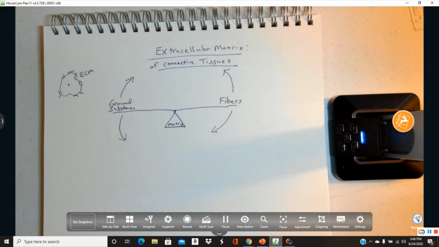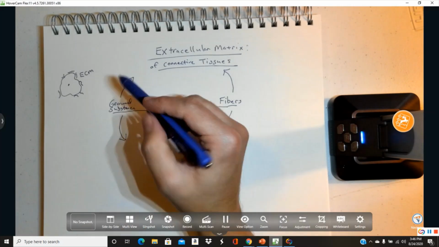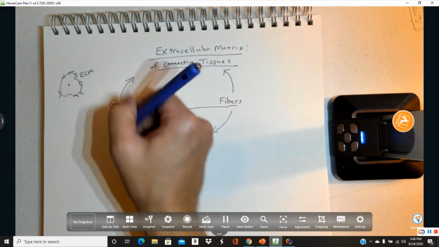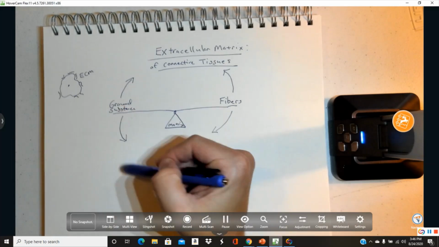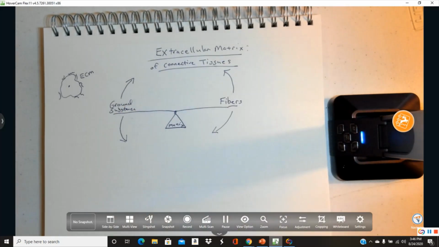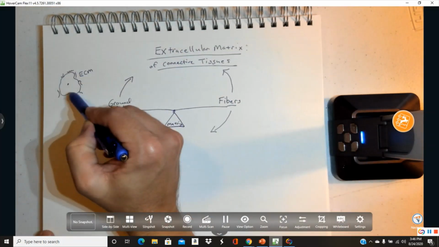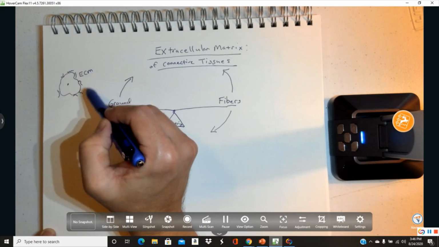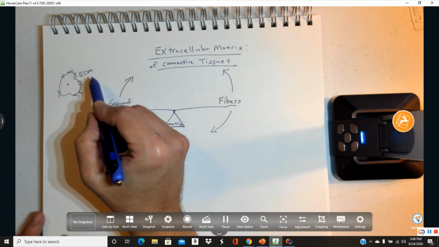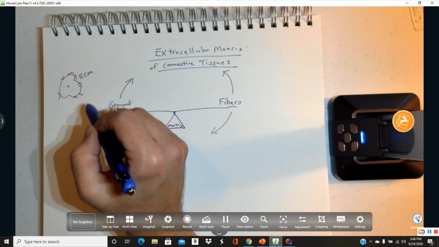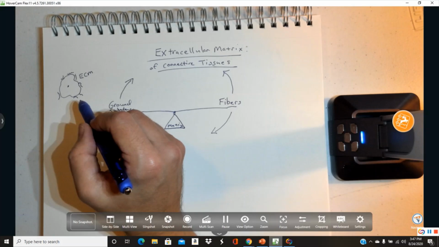Now, all connective tissues have this extracellular matrix, and some of them are very fluid, meaning they have a lot of ground substance, and some of them are highly fibrous, which means they have very little ground substance. So if you have very little ground substance, you're going to be high in fiber. This is the stuff around the cells in this tissue. Some of it is extremely fibrous or even mineralized like bone. Surrounding bone is a very hard mineral component.